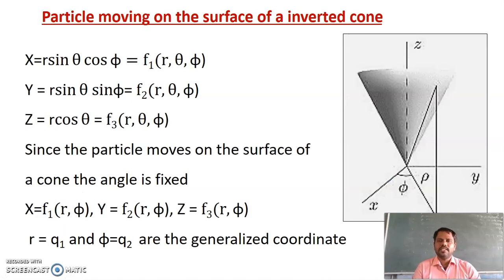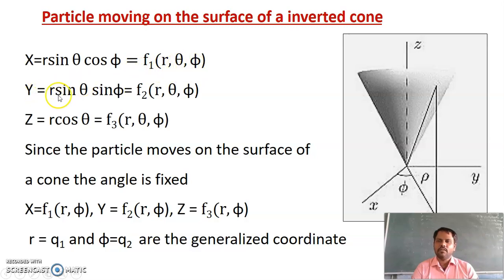Now let us consider one more example, a particle moving on the surface of an inverted cone. The coordinate system chosen is spherical coordinates, which is given by x is equal to r sin theta cos phi, a function f1 of r, theta, phi.